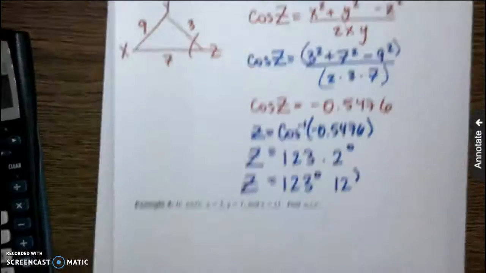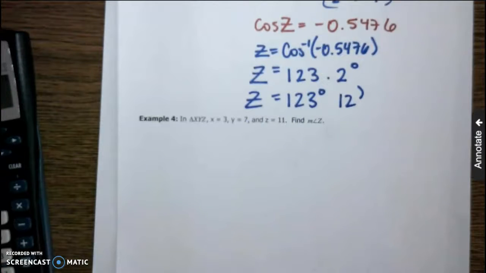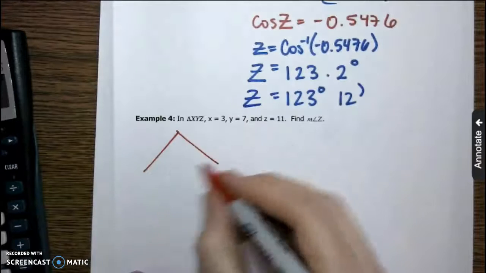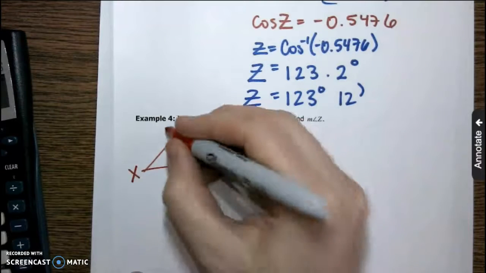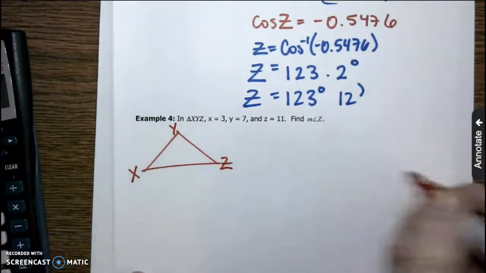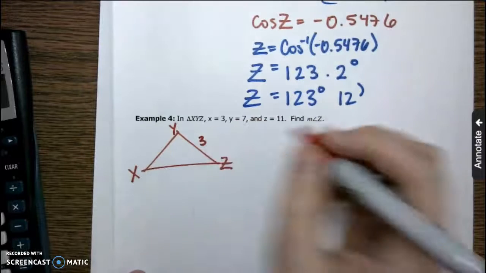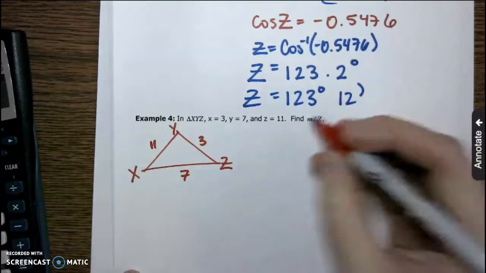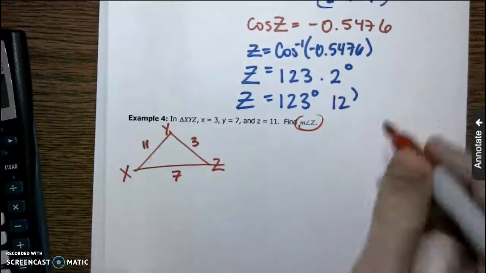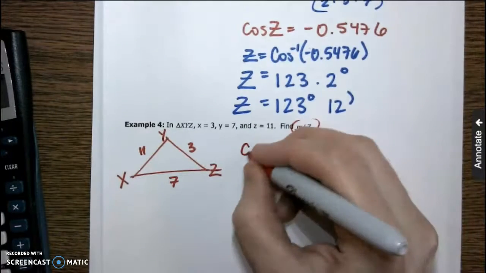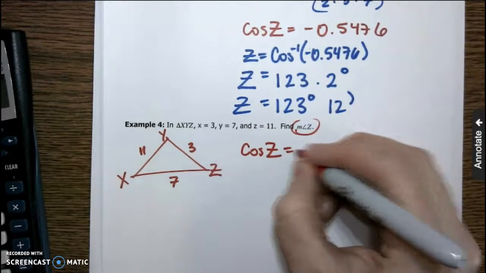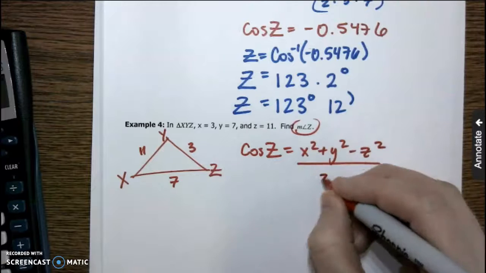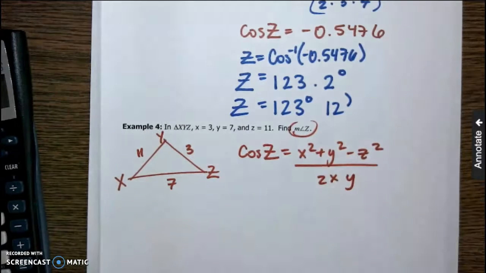Okay, last one, example 4. You have a triangle XYZ. Okay, let's label it. Side X is 3, side Y is 7, side Z is 11. Find angle Z. It'll be the same formula that we just used. Plug in your information.